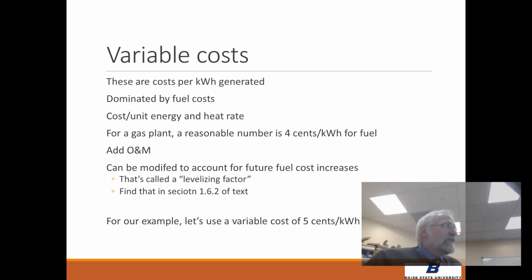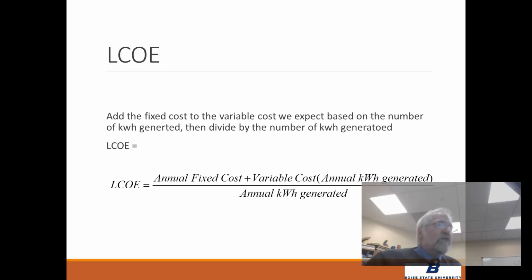So just for the purpose of the example of finishing this off, for this natural gas plant we'll say that the variable cost is 5 cents per kilowatt hour. So the question is, what's the cost of energy per kilowatt hour, taking into account both the fixed and the variable cost?